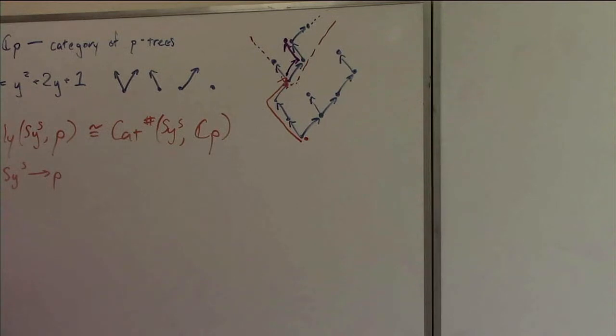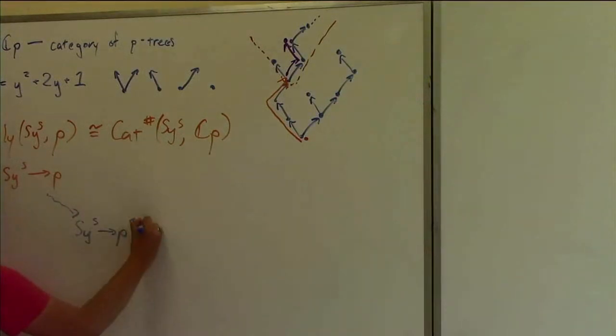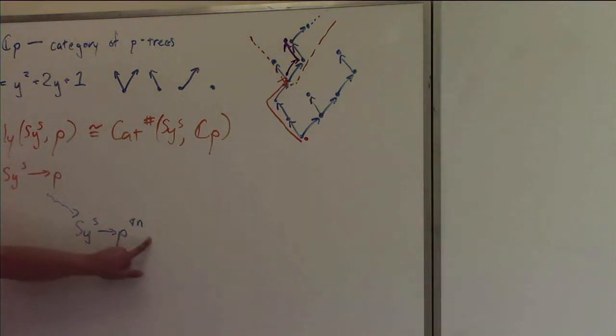And if you actually wanted to formally cycle through this, you would need to make use of the comonoid structure on Sy^S to obtain these more general maps, Sy^S to P composed with itself n times, which, if you'll recall, is obtained by this map that comes with this comonoid.